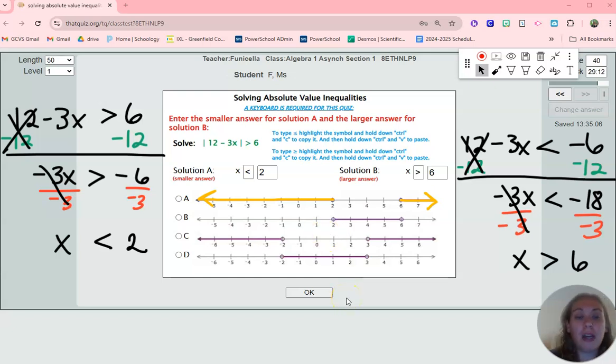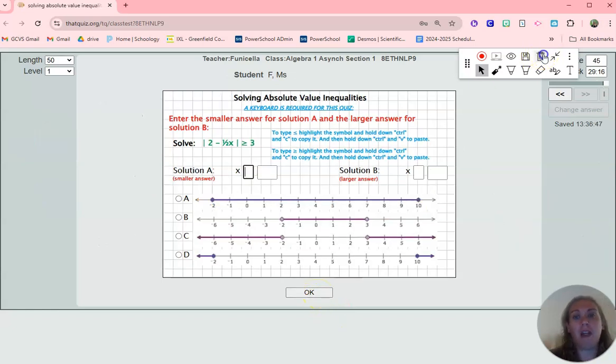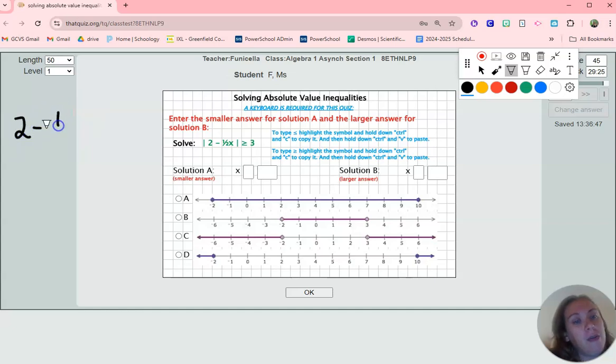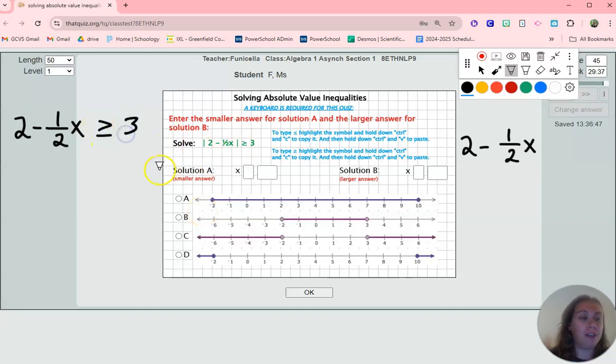Hit OK when you're ready, and for our final absolute value inequality, we have the absolute value part all isolated, so we have this 2 minus 1/2 x, which is in our absolute value bars. We're getting rid of the bars, and we keep it the same, greater than or equal to 3 for the first one.